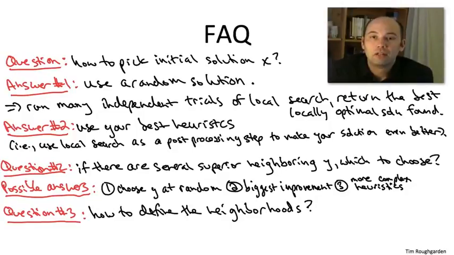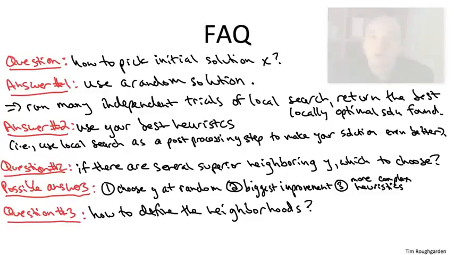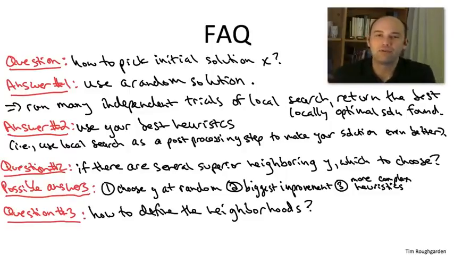The good news about enlarging your neighborhood size is that you're going to have fewer local optima. And in general, some of these local optima that you're pruning are going to be bad solutions that you're happy to be rid of. If you look back at the example I gave you in the previous video that demonstrated that the simple local search for maximum cut can be off by 50%, you'll see that if we just enlarge the neighborhoods to allow two vertices to be swapped in the same iteration, then all of a sudden, on that 4-vertex example, local search would be guaranteed to produce the globally maximum cut.